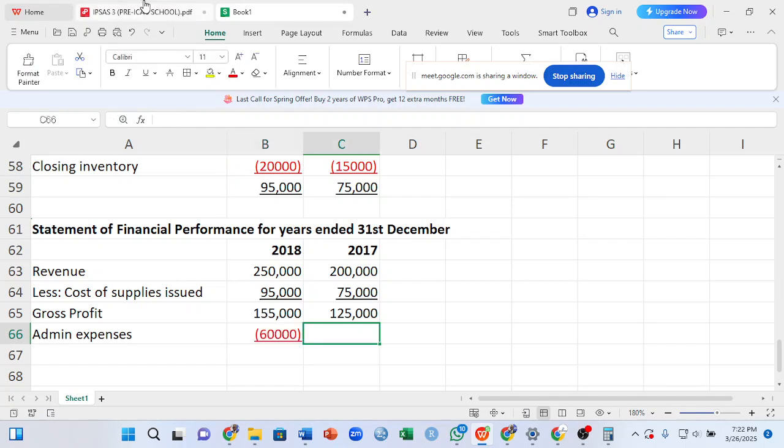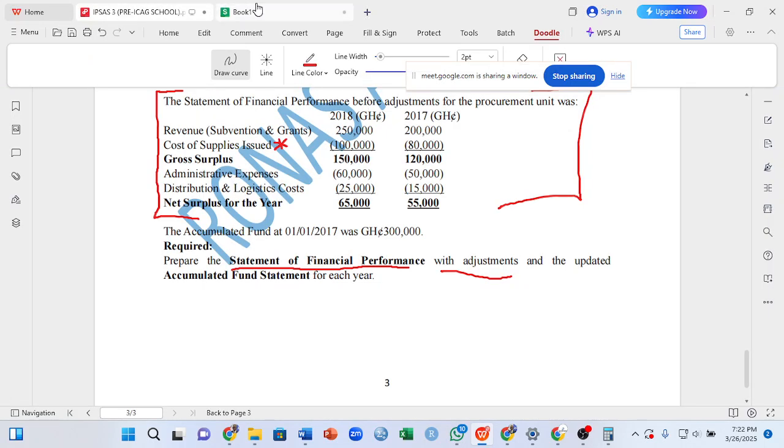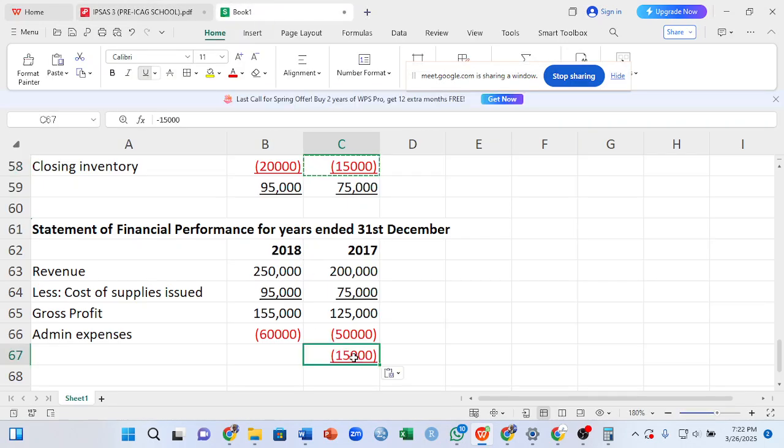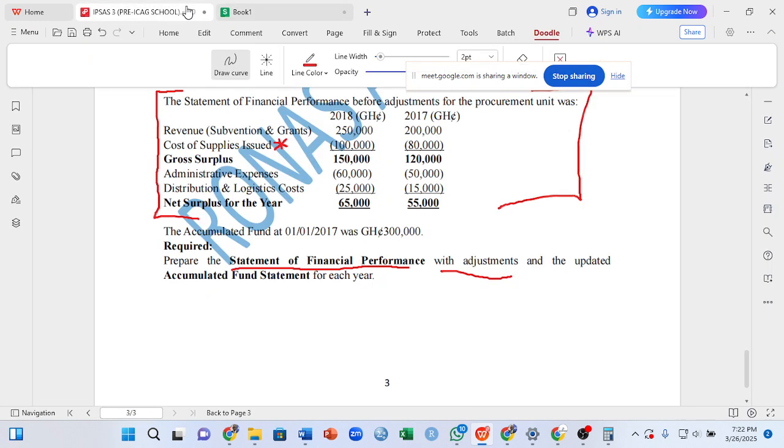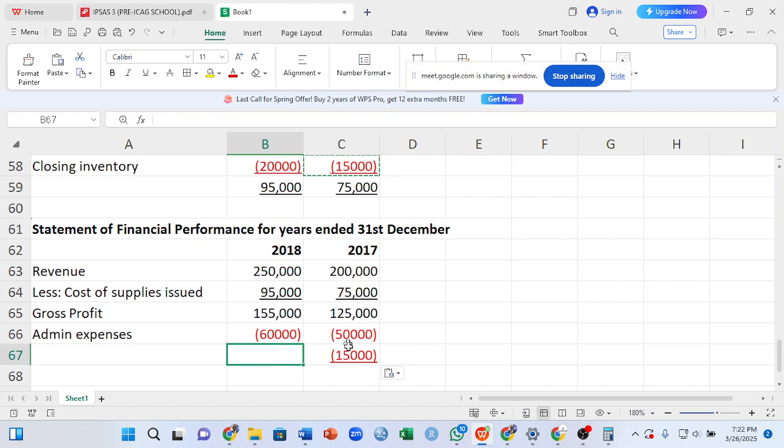And then here was 50,000. Come to the others. The next one was what? 15,000 and 25. So we bring that there.